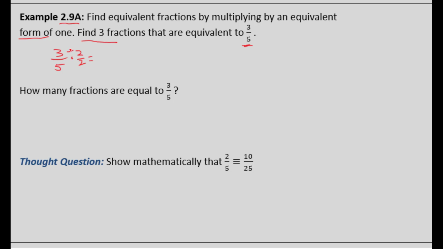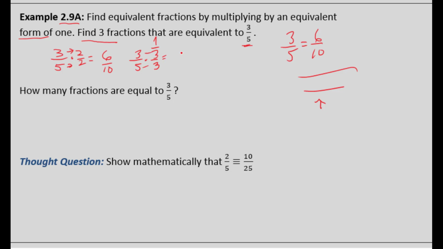You multiply straight across the numerators, straight across the denominators, and I get 6/10. So I can say 3/5 is equal to 6/10. And if I put them on number lines, they would line up vertically.